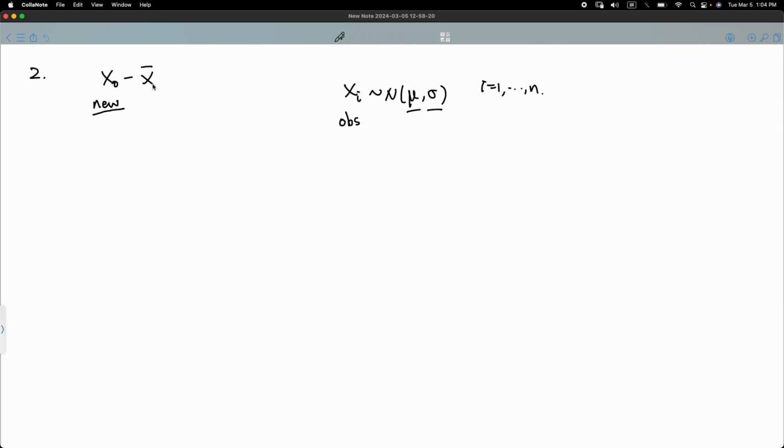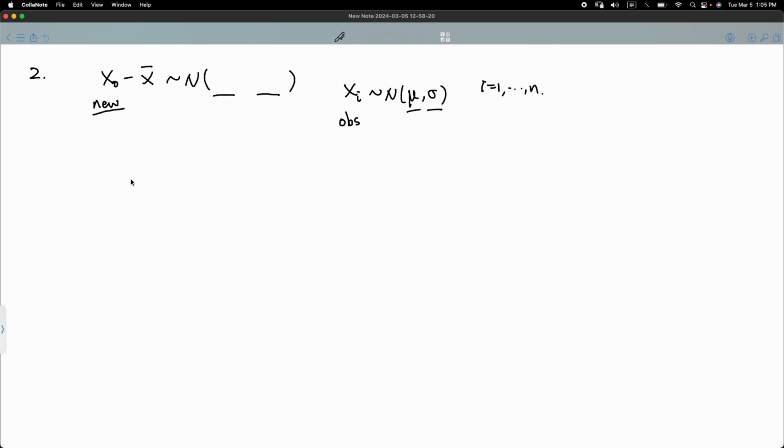This is just a normal random variable minus another normal random variable, so it should also be a normal distribution, right? That's the first thing. Next we need to solve for the expected value and then the variance, and from there we can construct a confidence interval for this difference. That will be our strategy here.